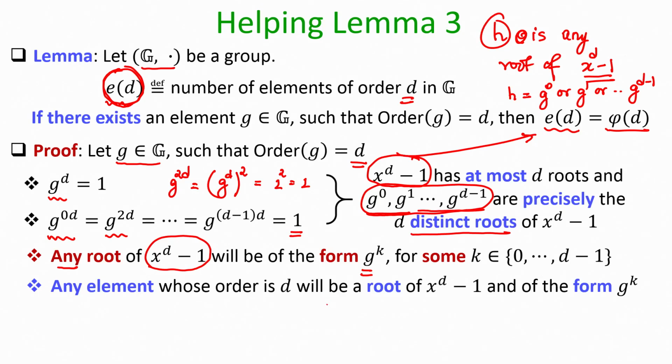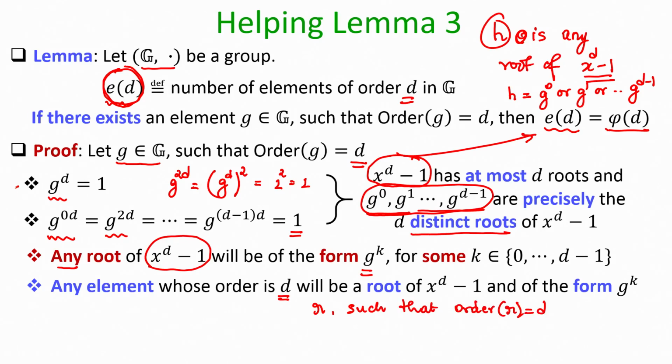And what I also know is that you take any element whose order is d apart from g. So, you take any element, say r, such that the order of r is also d.